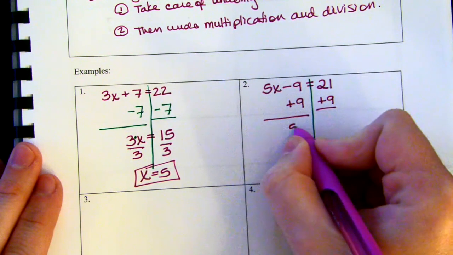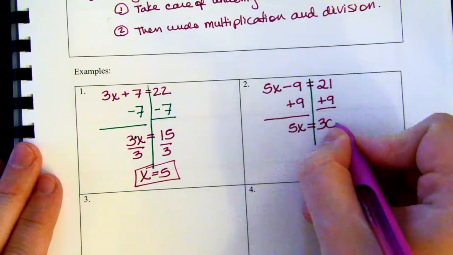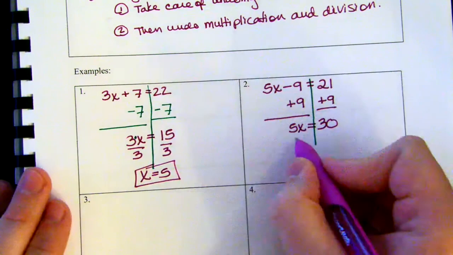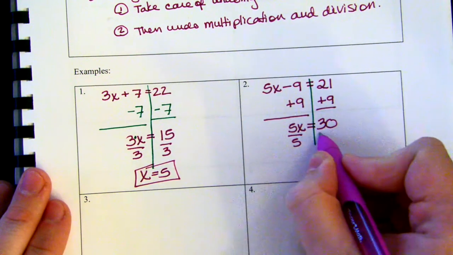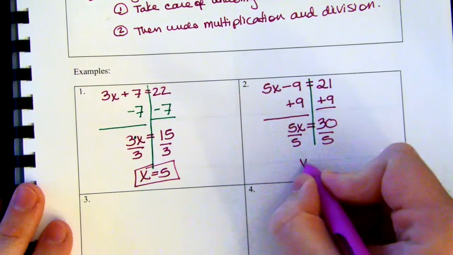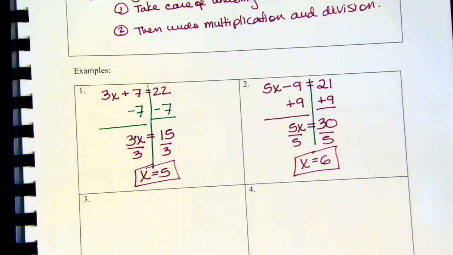And of course, just like the one-step equations, I need to see all of this algebra. I'm going to get 5x equals 30. Well, then what? We're going to divide both sides by 5, and we're going to finish off the problem and say x equals 6. And there's that equation.